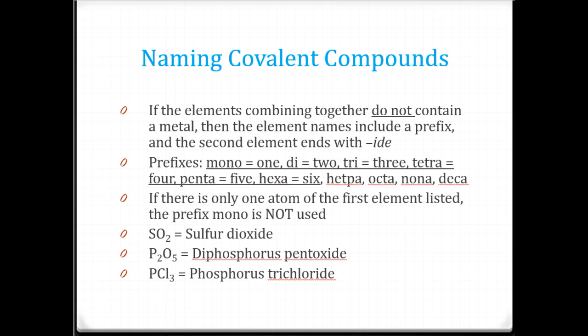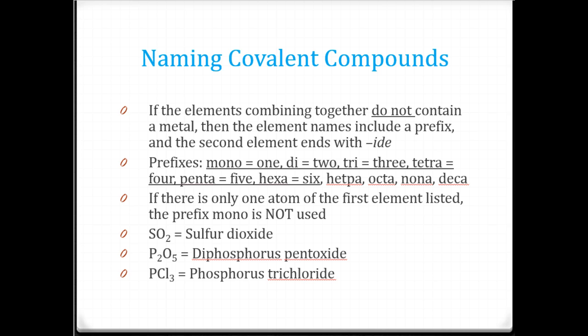If you do, then you go to ionic, and you don't use prefixes, and you figure out charges. If it's non-metals, then you have a covalent bond, and you need to figure out how many you have and draw your Lewis dots and everything. So covalent becomes much harder than ionic, but it's essential that you take your time to figure them out.